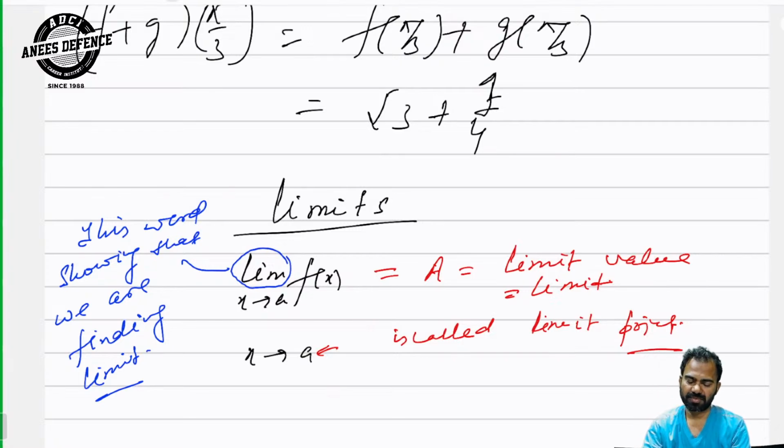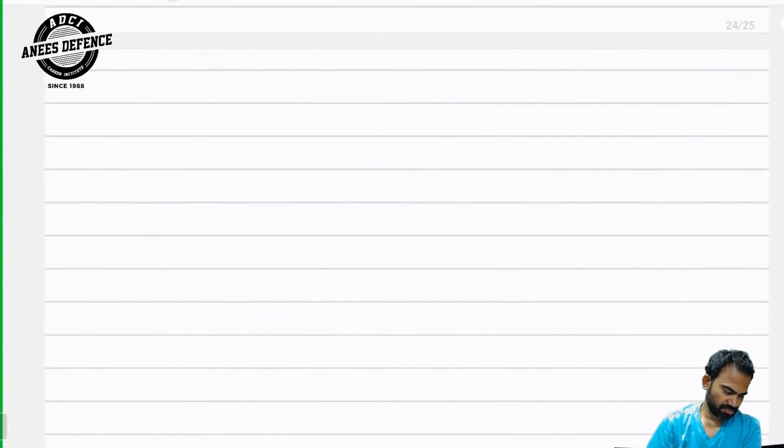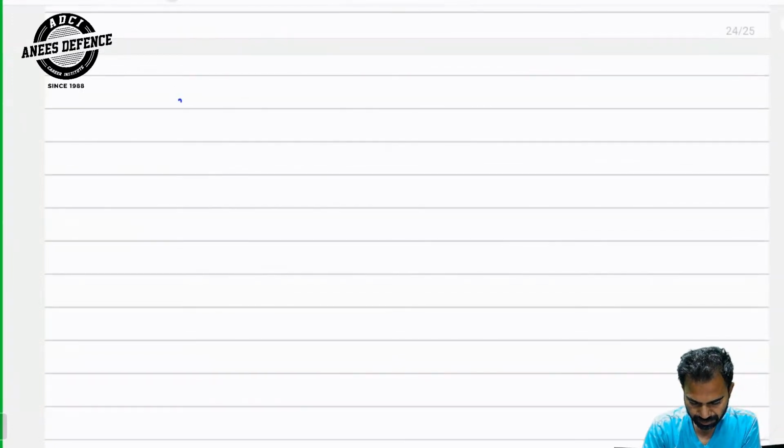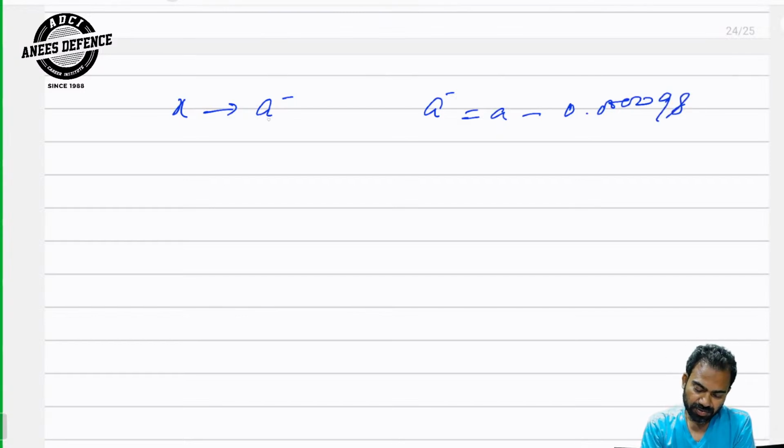Okay, now A minus means I will subtract a negligible quantity from A. So this is called the left hand limit point.